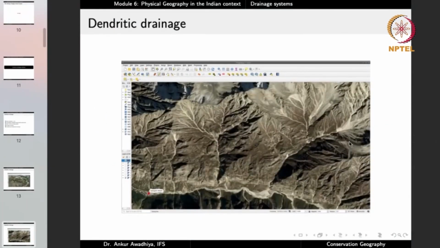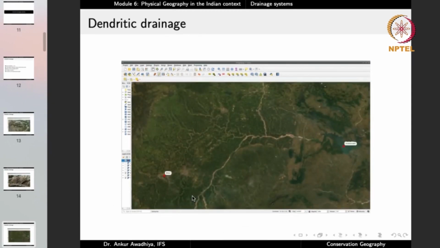This is another example. In this case, these are all different tributaries of the Ganga, and here again you can observe that this is a main trunk, then you have the branches, and a large number of sub-branches. Here again, this pattern looks like a tree. This is the Mahanadi river.